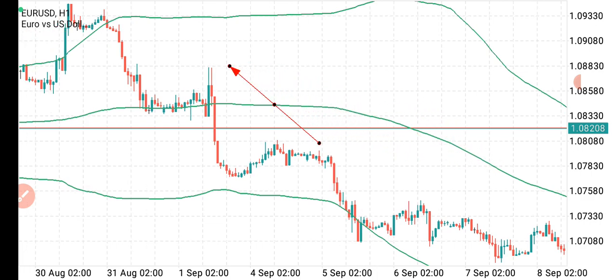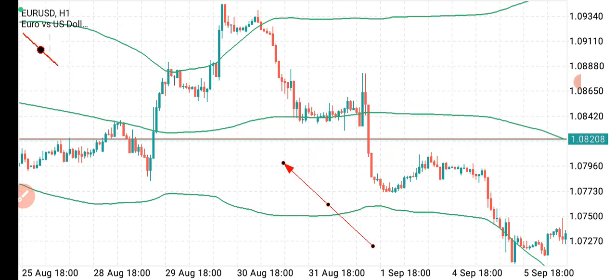Another thing is the band helps us to establish the trend. If you are not a good market analyst, you can use this band to do your analysis. A good market analyst I'm talking about is one who knows how to make use of structural analysis, which has to do with the higher high and higher low for an uptrend, then a lower high and a lower low for the downtrend.